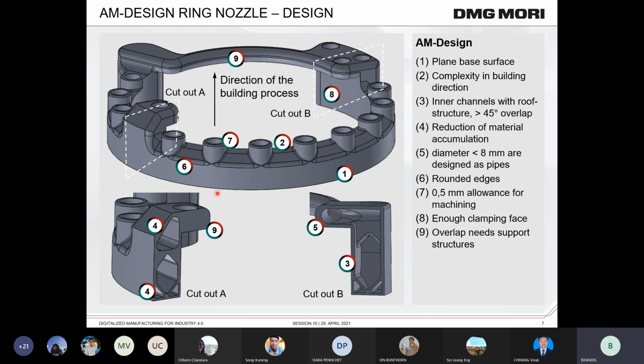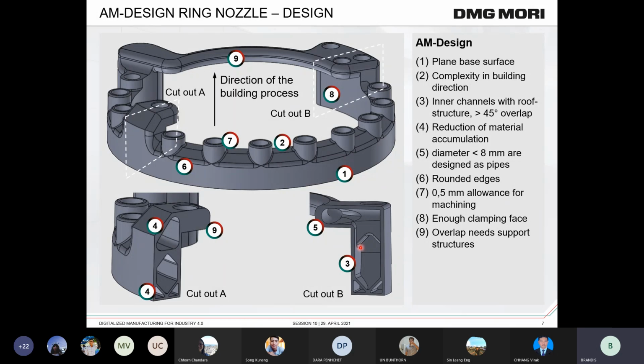If you look at cutout B, marked with number 3, we have inner channels like this, and please keep in mind it's possible to print such a channel with a rooftop with an overlap angle larger than 45 degrees. We are able to print it directly.